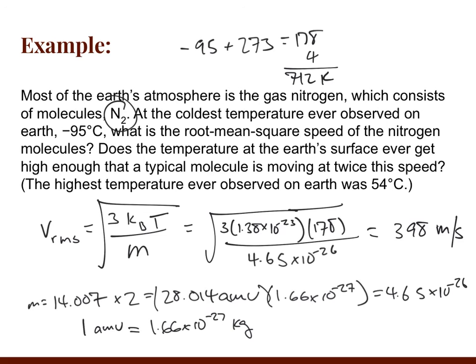And if you subtract off the 273 to make that Celsius, that's 439 degrees Celsius, which is definitely way higher than the highest observed temperature on Earth, 54 degrees Celsius. All right, so the answer to that second question is no. The temperature will never get that high.